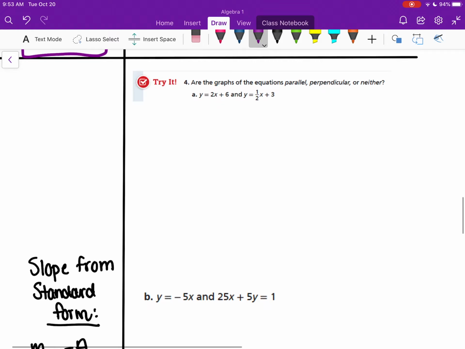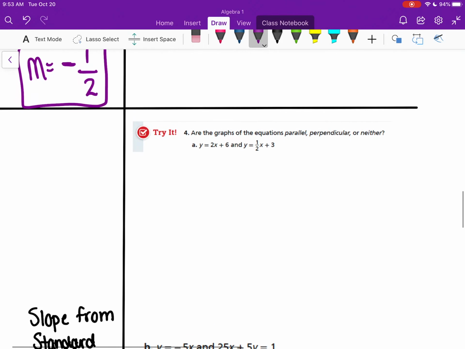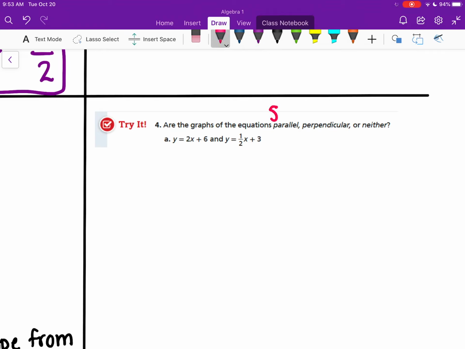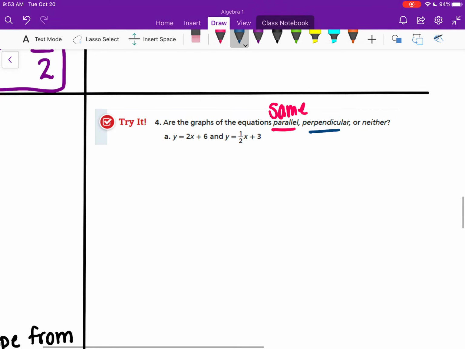Your last example is just going to ask you to determine, are the graphs of the equations parallel, perpendicular, or neither? So just a reminder, if they're parallel, they're going to have the same slope. If they're perpendicular, they're going to have a flip-flop slope. So if they're not the same and they're not a flip-flop, then they're neither.